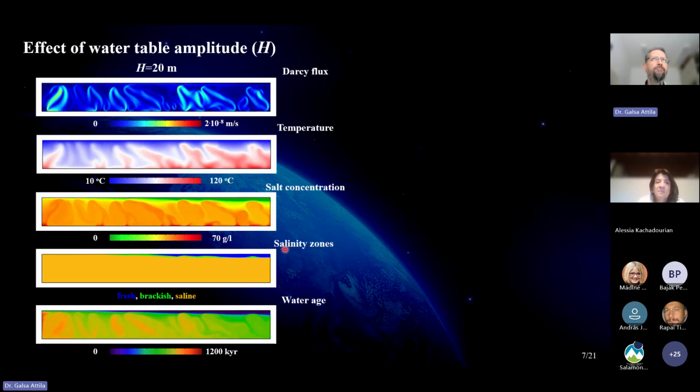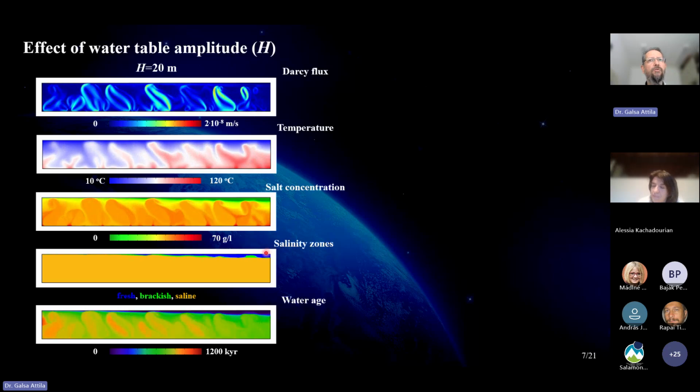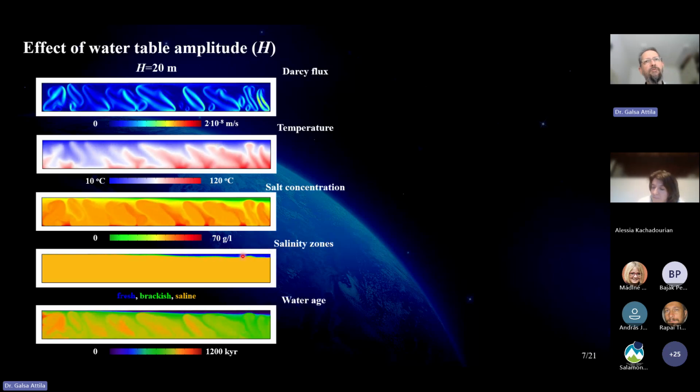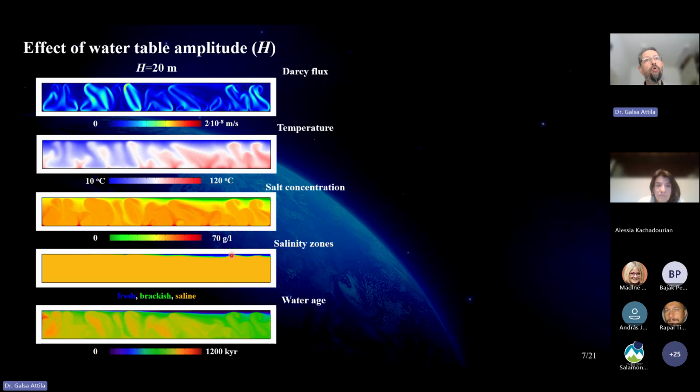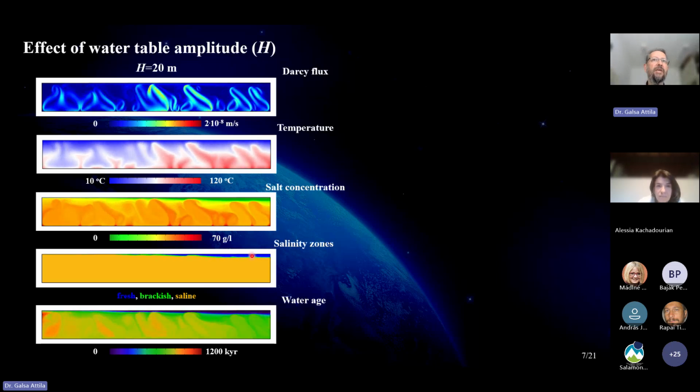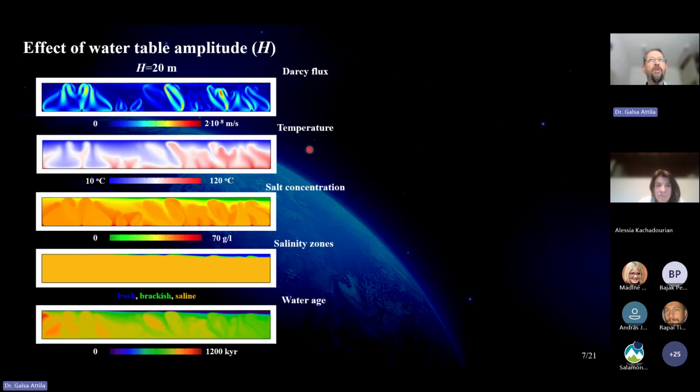The topography-driven groundwater flow dominates only a thin near-surface layer beneath the recharge zone.